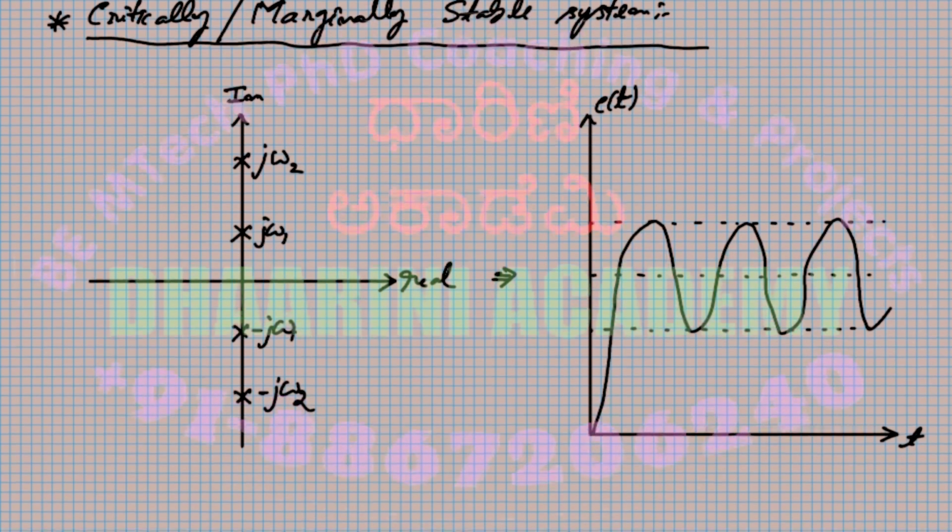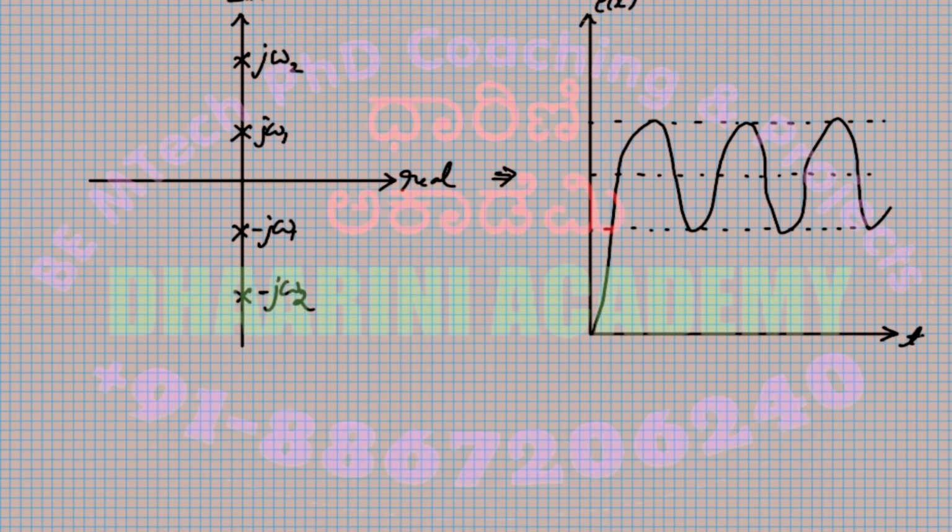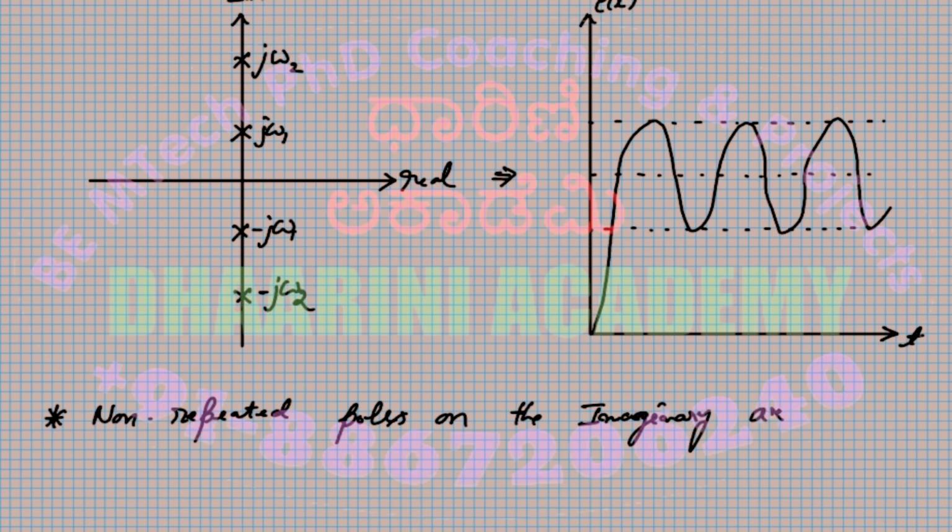I'll try to mark the conditions here. The condition for critically stable or marginally stable is this. The first condition is non-repeated poles on the imaginary axis.